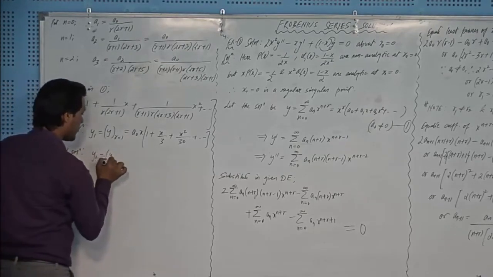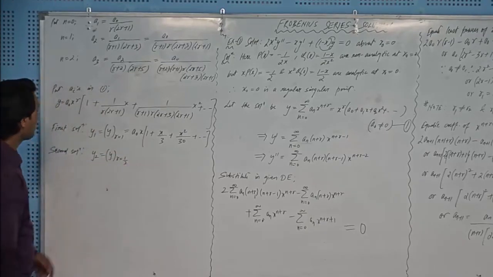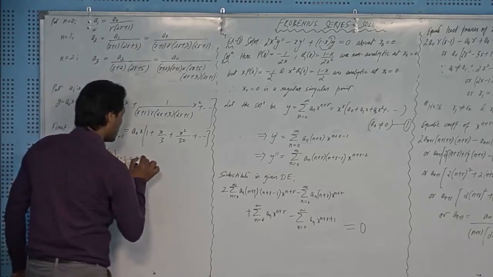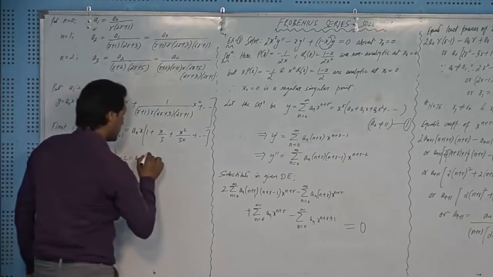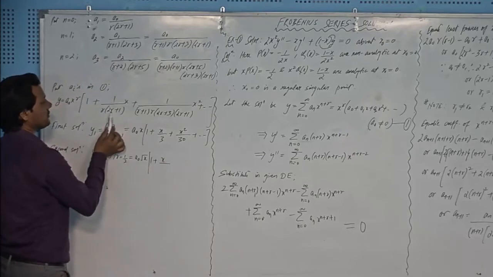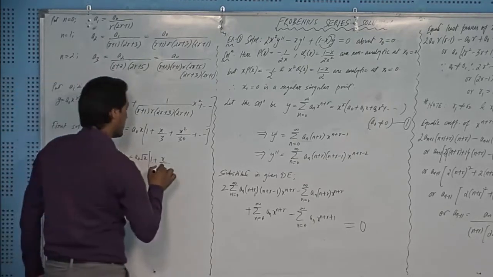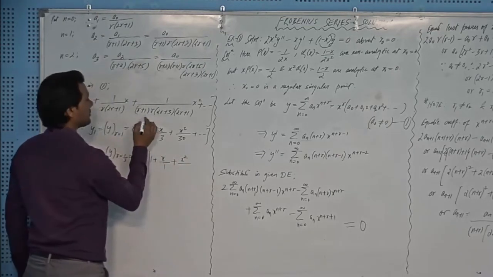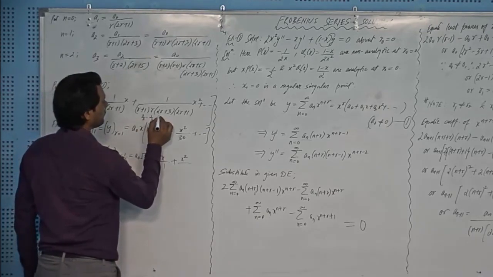To obtain the second solution, y2 equal to y at r equal to the second value, which is half, right? Okay, I will plug half here. I will get a0 square root of x, because x to the power half, right? And it will become 1 plus x over, putting half here, I will get 1 plus 1 2 and 1, okay, 1 plus x square over, putting half here, it will become 3 by 2, 1 by 2, and it will become 4, I think.